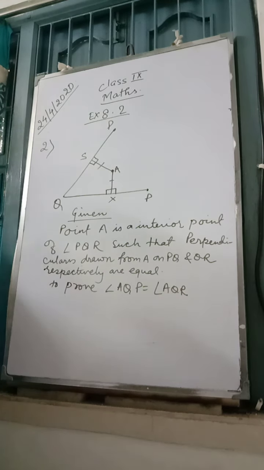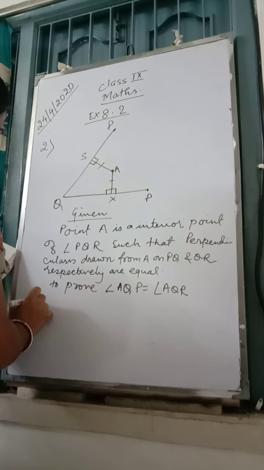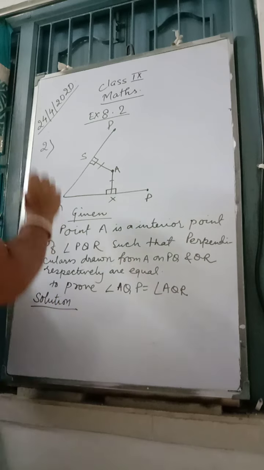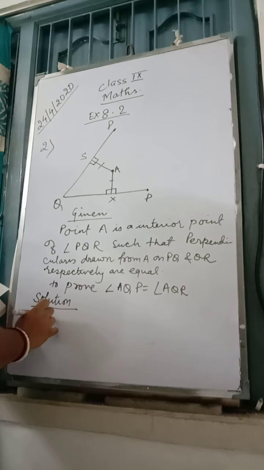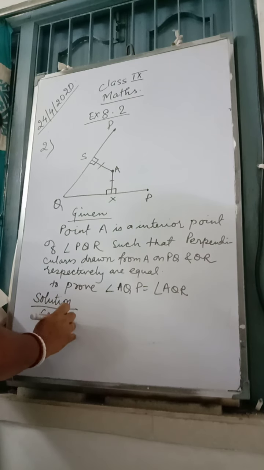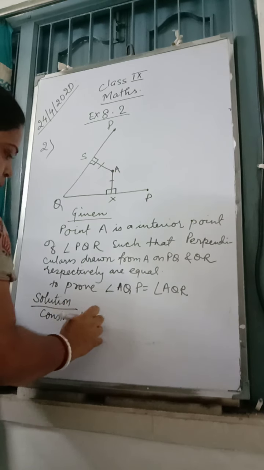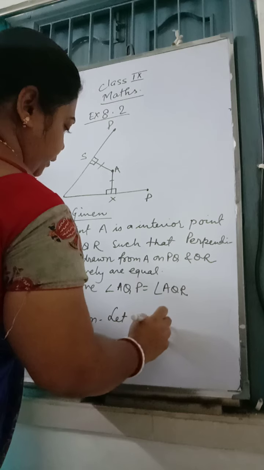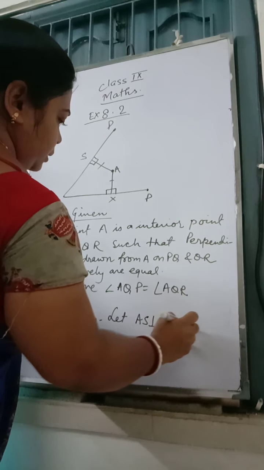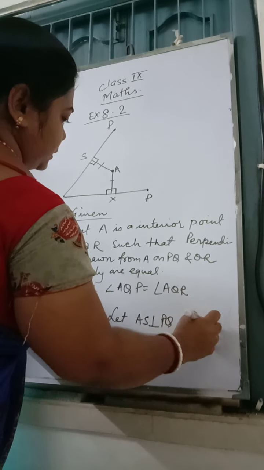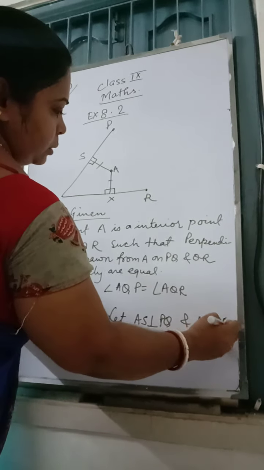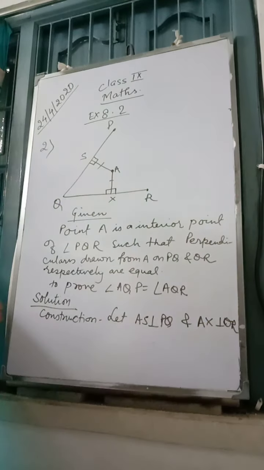Now what we are doing, what does the solution say? Solution consists of construction first. Construction: let AS perpendicular to PQ and AX perpendicular to QR be constructed.